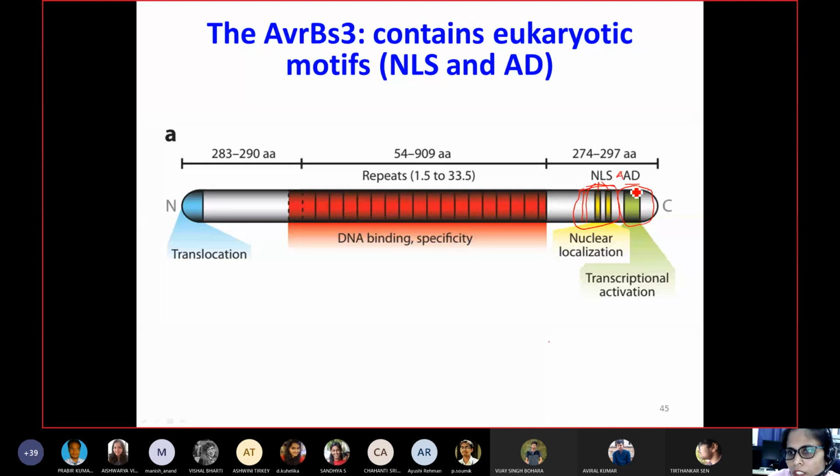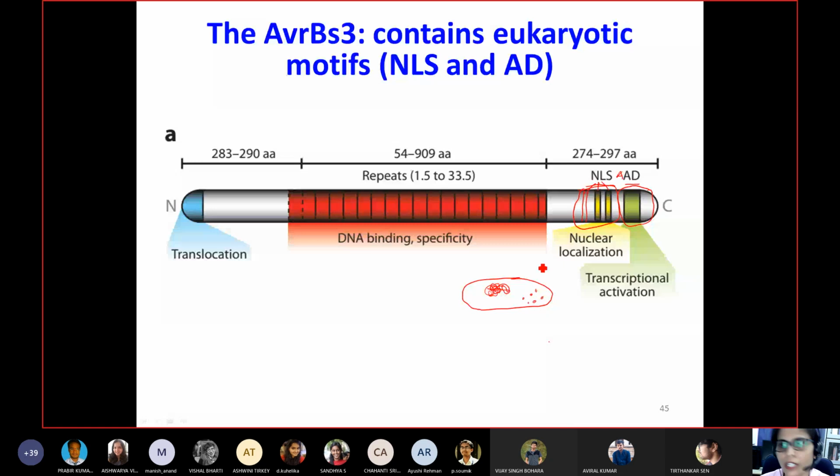This is an imaginary Xanthomonas and this is its nucleoid. What was surprising to them is that even with a nuclear localization signal, the protein was present in the cytoplasm. If you can imagine, this is the protein, and they saw the signal in the cytoplasm. That means this nuclear localization signal is not causing localization in the nucleus, especially within the Xanthomonas species.